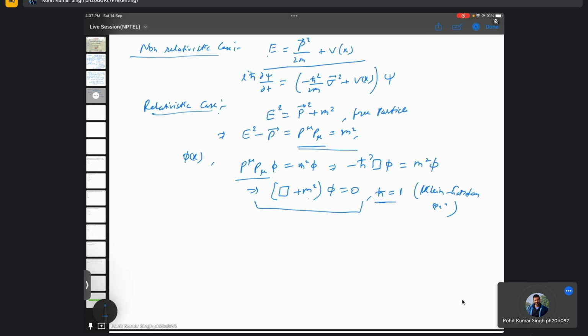So we can see that this is nothing but a wave equation. If m is equal to 0, then this is just the wave equation for a plane wave, you can say.